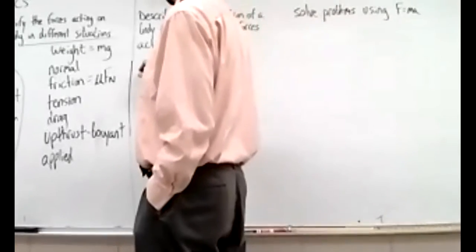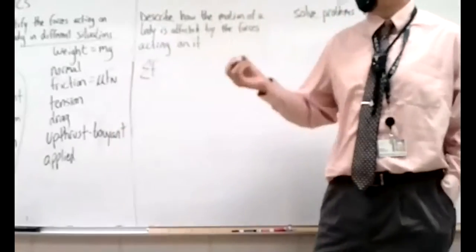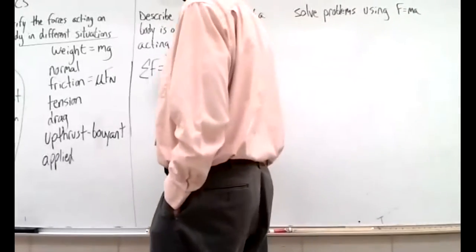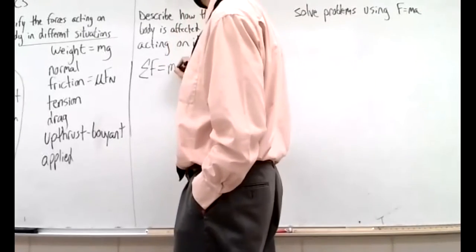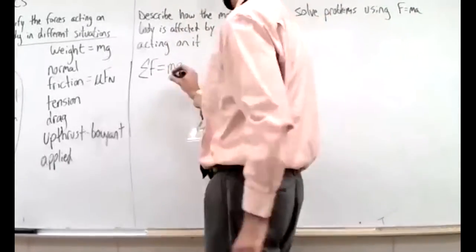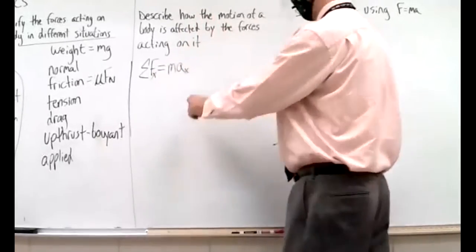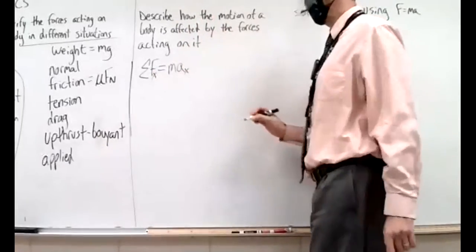It's the sum of the forces, or the net force, or the resultant force, on the left side of the equation, and that equals the mass times the acceleration. If you add up all the forces acting on it in one direction, you can anticipate how it's going to accelerate in that direction.